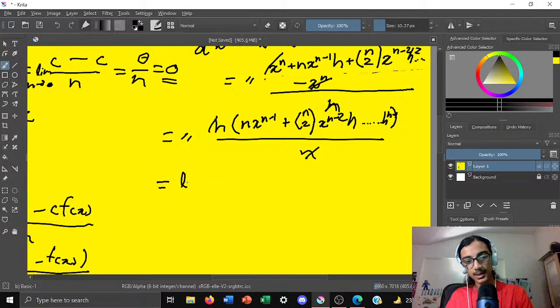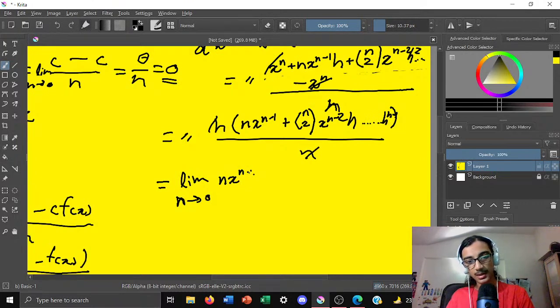the limit as h approaches 0 of, sorry, one moment, nx to the power n minus 1.